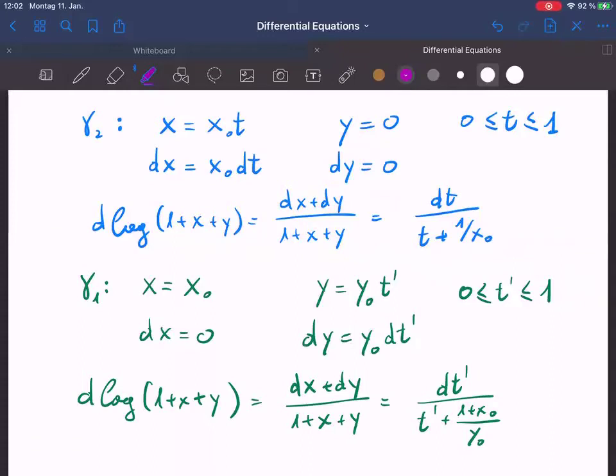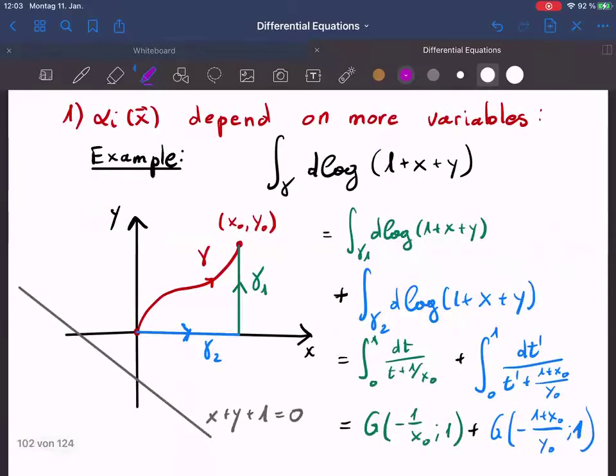And you get dt prime over t prime plus 1 plus x0 divided by y0, which is again one of these linear forms in one variable that define polylogs. And so you see that by deforming the path, you can immediately see that this is just a sum of two polylogs. I write them here as g's, but they're actually logs.